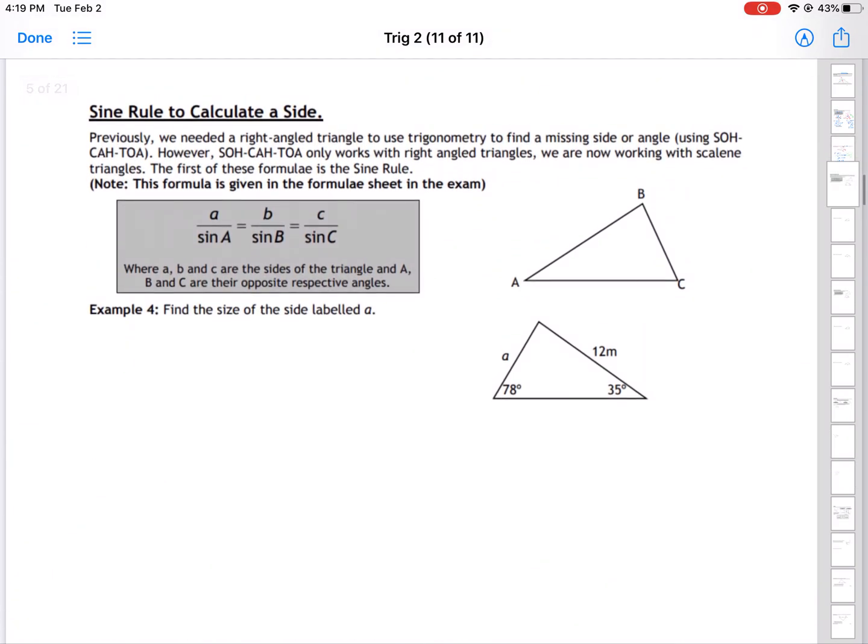we are now going to look at what's called the sine rule. Now, if you remember back to previous years, everyone, whether it was in Nat 4 or last year at some point, will have seen SOHCAHTOA. That's using your sine, cos and tan to find either a side or an angle of a right angled triangle.